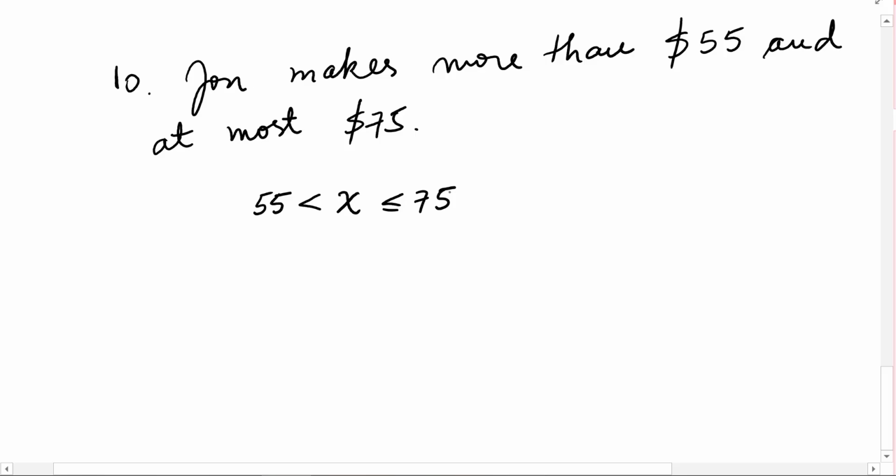So he makes between 55 and 75, not including 55. And you're going to see at the beginning of the course that you will have to decide when to include the value and when not, right? And the key is understanding these inequality signs. I hope it helps.